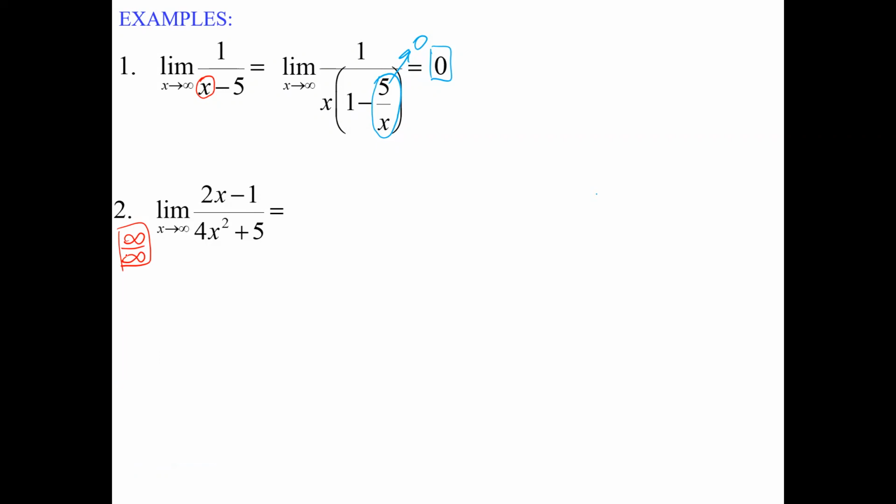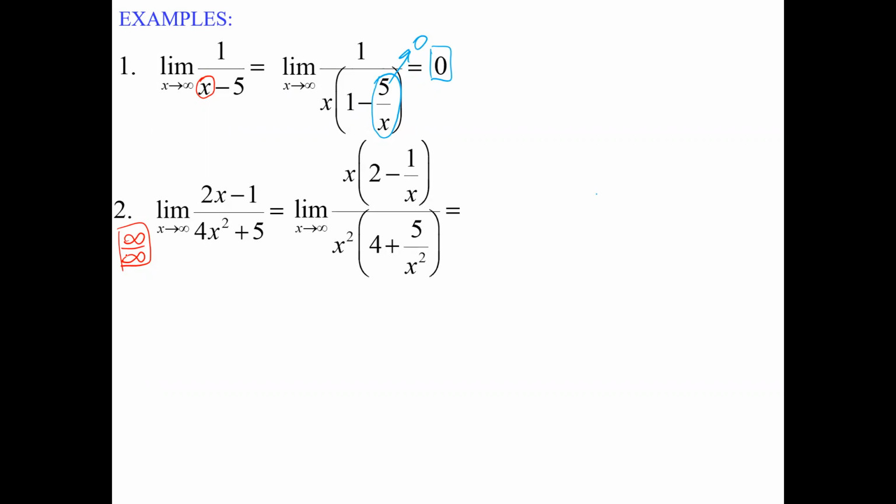What we can do is use exactly the same tool that I used in example 1. I will look at the leading function, which is 2x on the top and 4x squared in the denominator. I will factor out just the function, not the coefficient. I will factor out x on the top and x squared in the denominator.